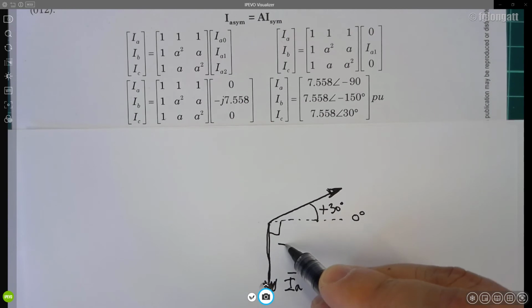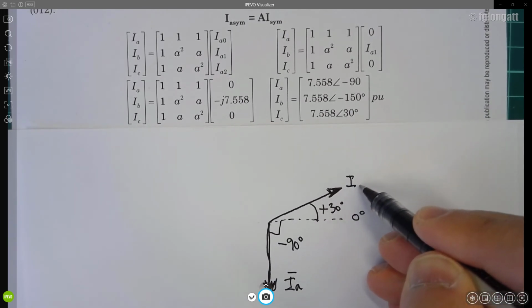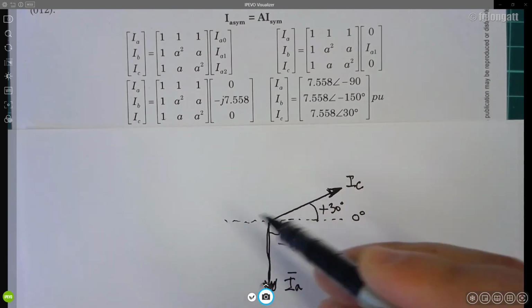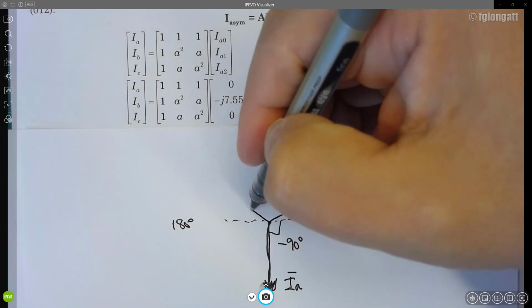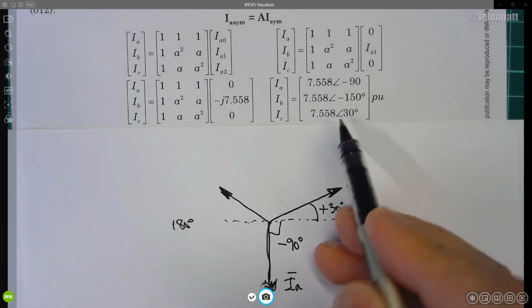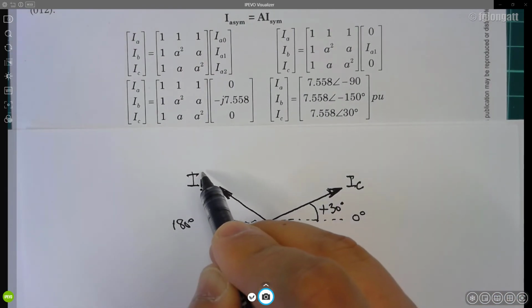This is minus 90 degrees, and this is the current C. And then we have here 180. You must remember this is 180 degrees. And here we have the other phasor, and in this case that is IB.